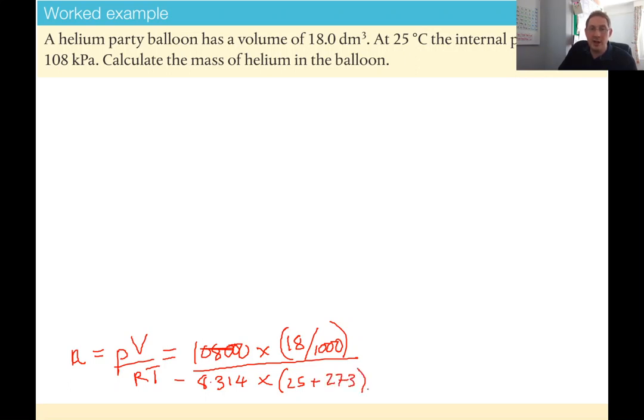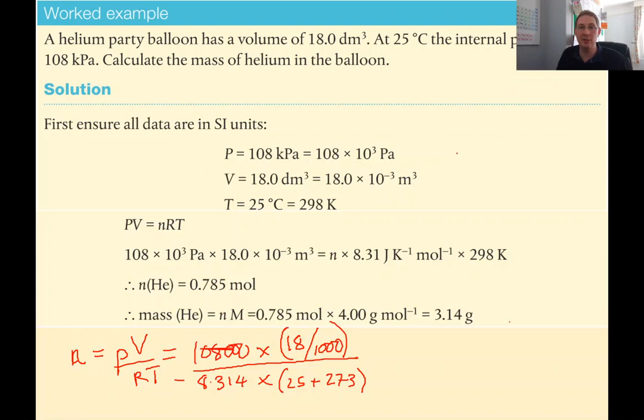Now, I know some of you will be tempted to just stick all of that into your calculators. If you do that, you're bound to make an error. Maybe just work it out and leave some intermediate steps. If you do that, putting all that together, you should find that the number of moles is 0.785.